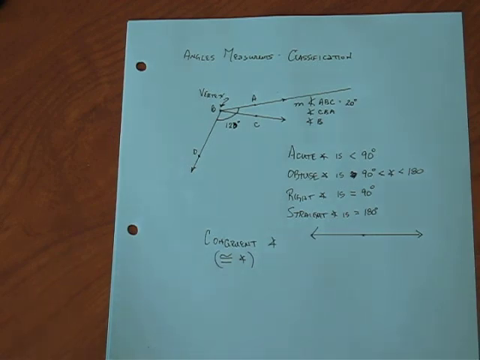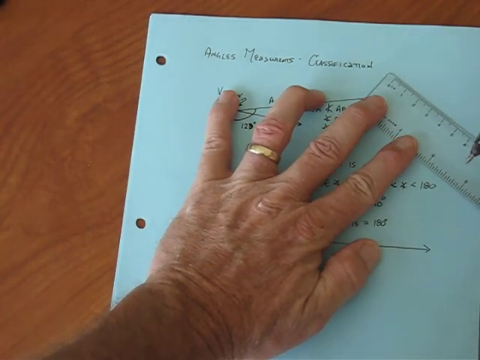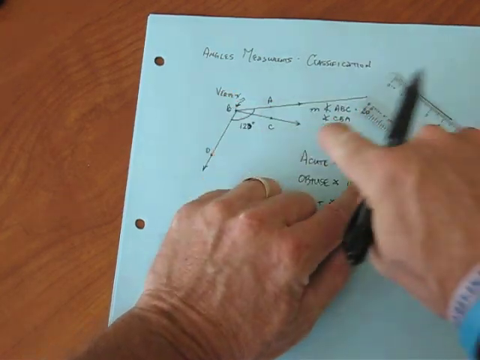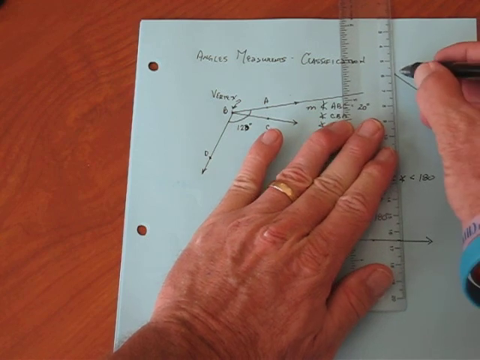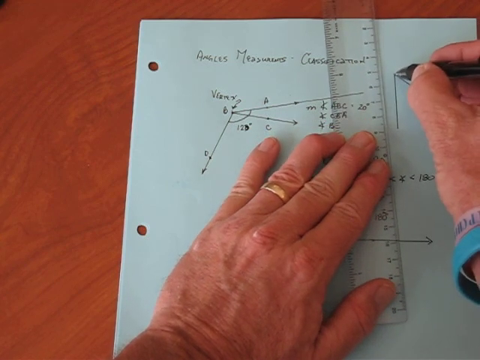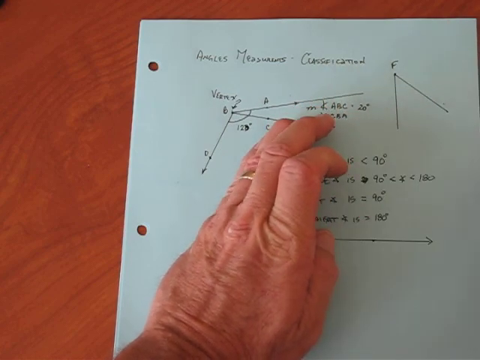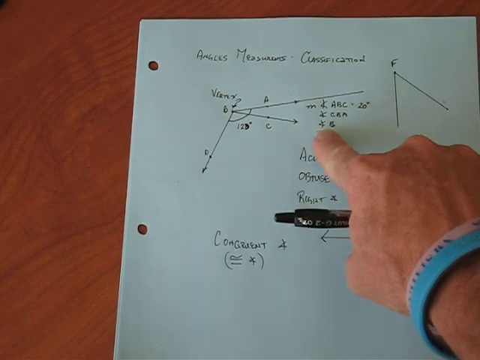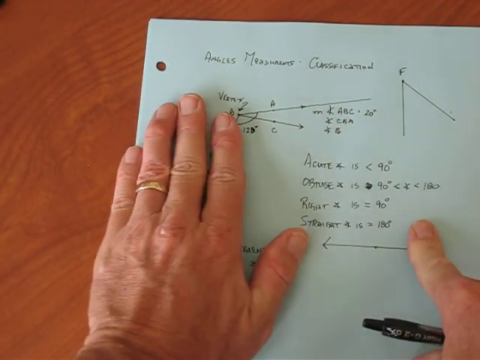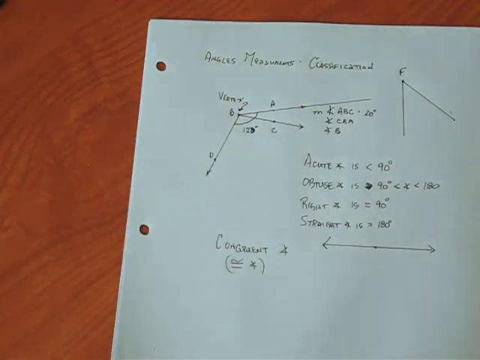In this picture we have more than one angle. But if all I have is one angle with one vertex named by a letter, we can refer to that angle as just angle F. If I didn't have this line drawn and all I had was that ABC angle, we could call it angle B because it wouldn't be confusing.